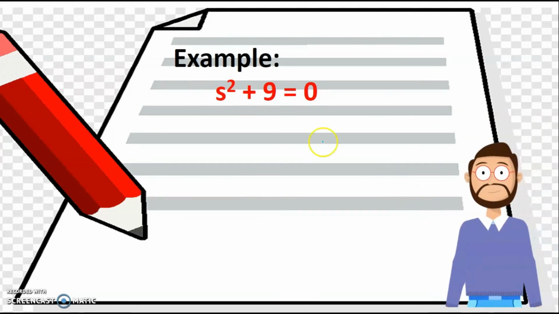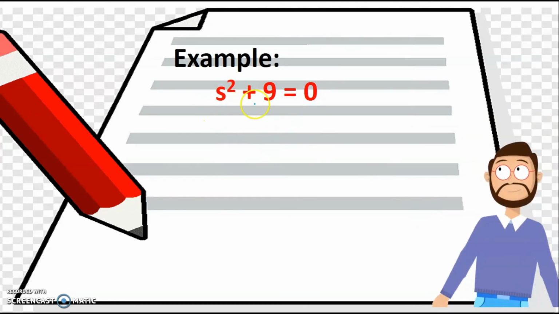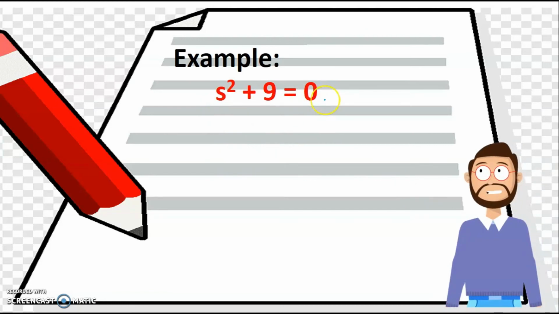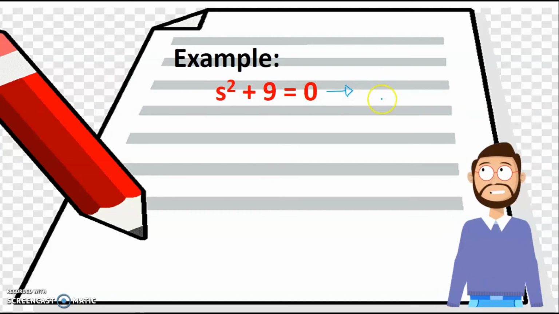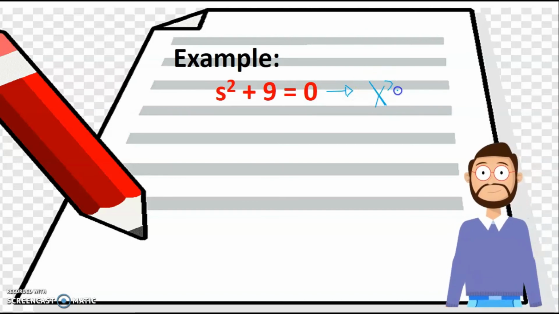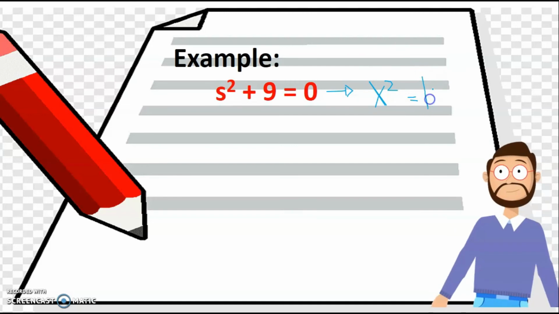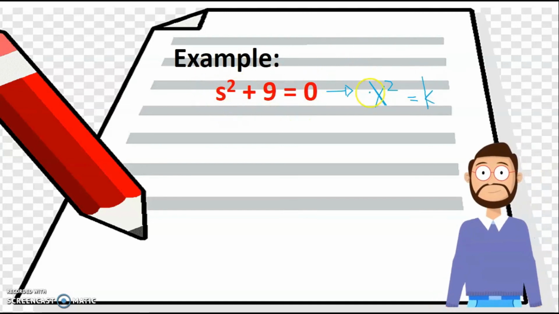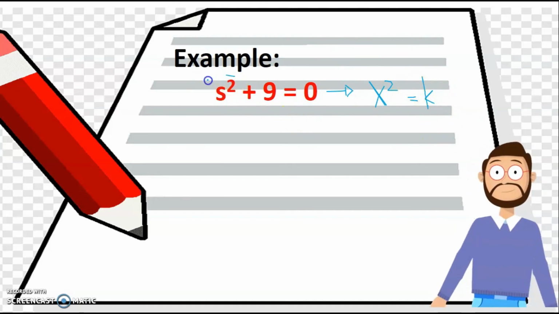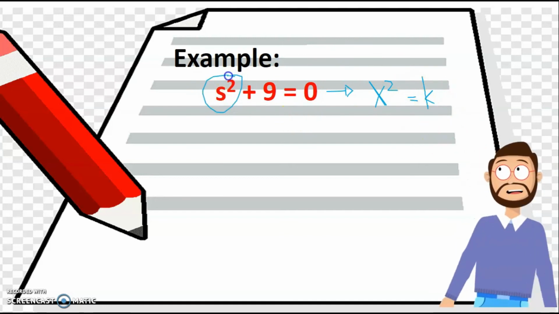For example, we have here s squared plus 9 equals 0. Now again, the first thing that we need to do is to rewrite the given equation into the form x squared equals k. To do that, we need to isolate the quadratic term.